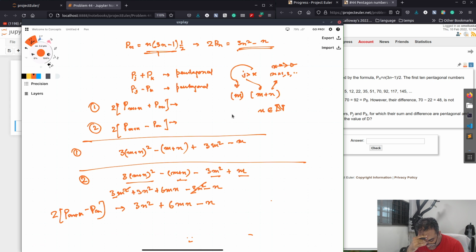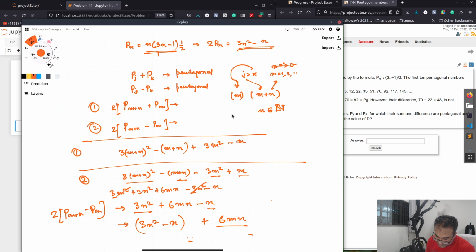Now the question is, can we convert this into a pentagonal number that looks like that? That looks like that. Alright, so we have 3n squared, we have minus n, so 3n squared minus n, okay, plus 6mn.